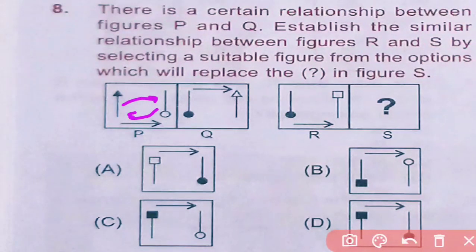This arrow goes here and the shaded part becomes unshaded, and this arrow goes upward in Q figure. Now we'll check here. This arrow will interchange this here and this here.